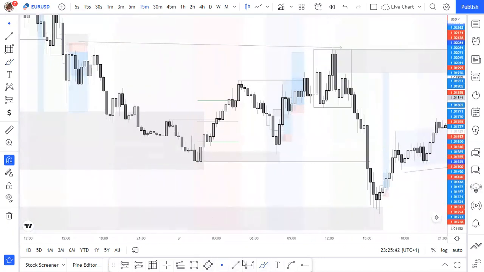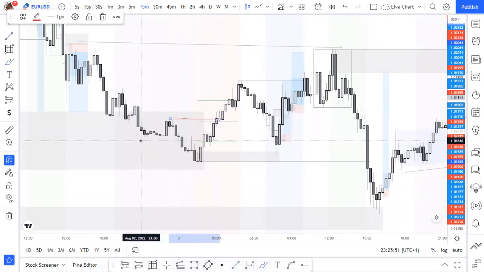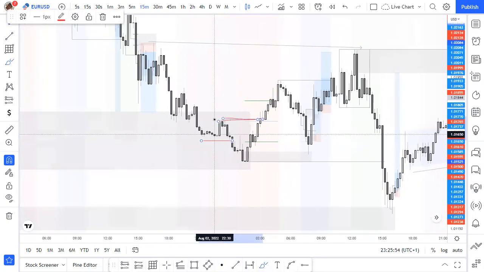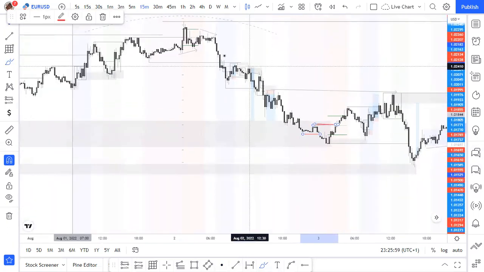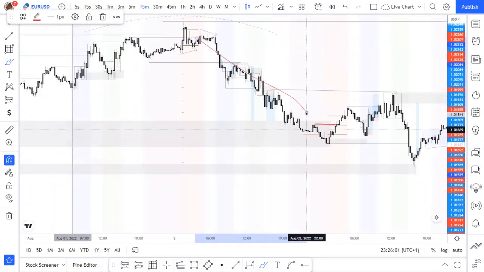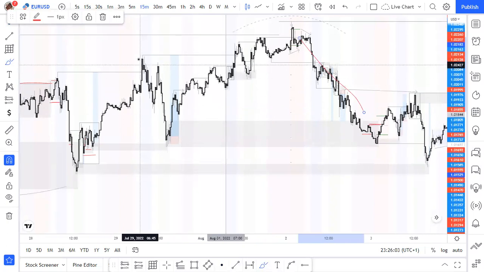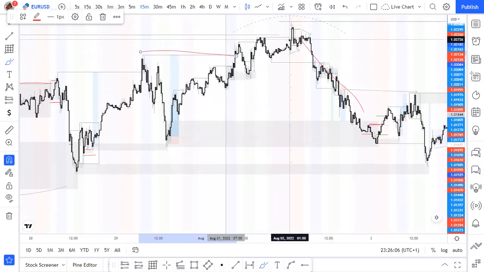So when I saw this break here, we had this to be my last lower high on the 15 minutes. So when I saw this break of structure here, I was saying, okay, now this 15-minute structure is maybe internal. This whole structure is kind of internal to this bullish structure here, like a pullback.